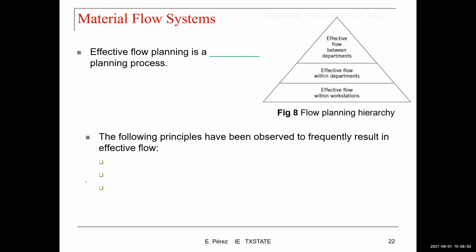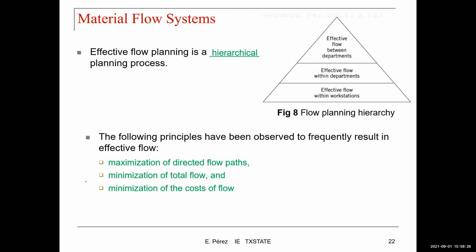So effective flow planning is a hierarchical planning process. And here we have the flow planning hierarchy. We start with the effective flow within workstations, effective flow within departments, and then the effective flow between the departments. The following principles have been observed to frequently result in effective flow.